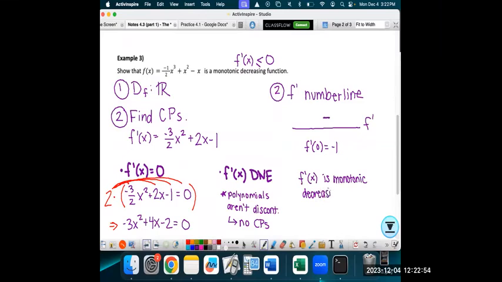I'm going to say f of x, not f prime, is monotonic decreasing because f prime of x is less than or equal to 0 for all x in the domain of f.